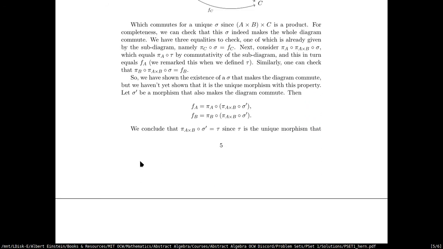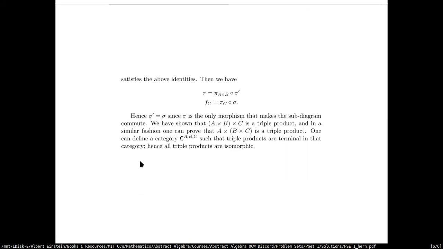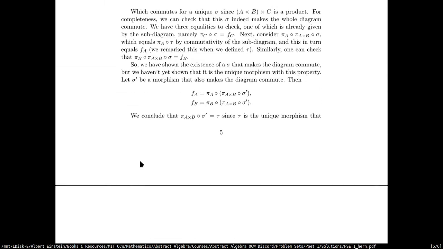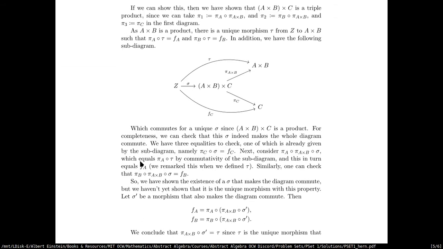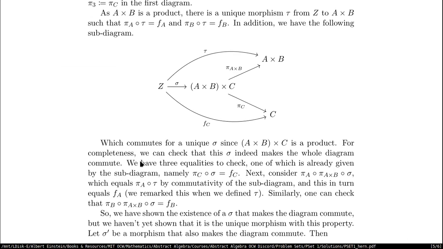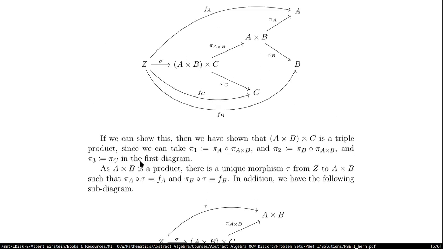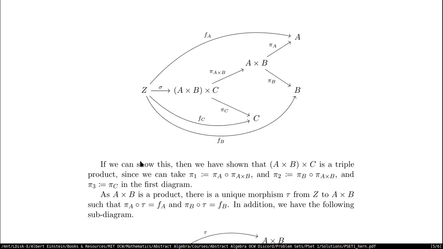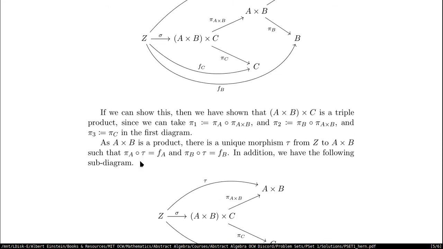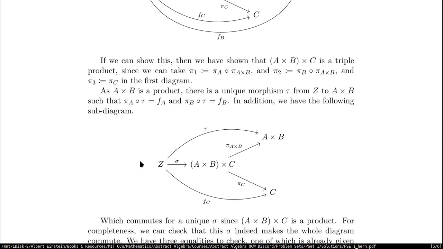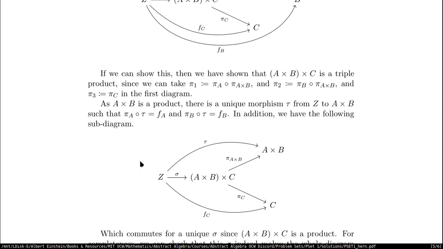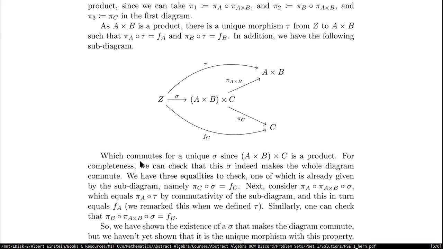Hey, I have a quick question. Sorry, I might have missed this in the explanation, but can you go over the part again where you show that A cross B cross C has a unique morphism going to it? The proof for that part of it. So you show that there is a unique morphism. Wait a second.